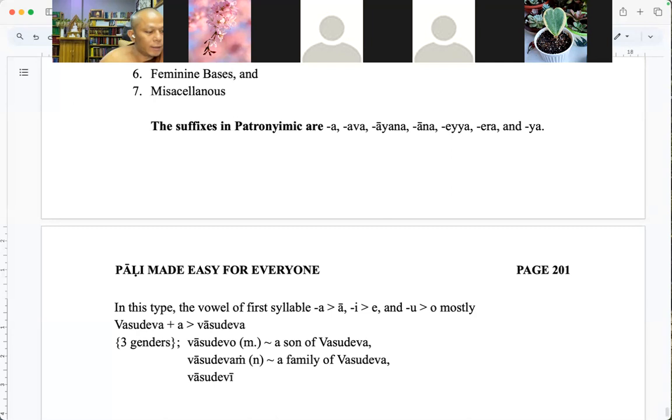So that has feminine gender, and it refers to a daughter or granddaughter. So a daughter of Vasudeva. In this way it can be used.